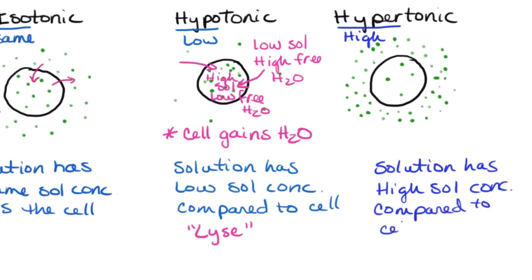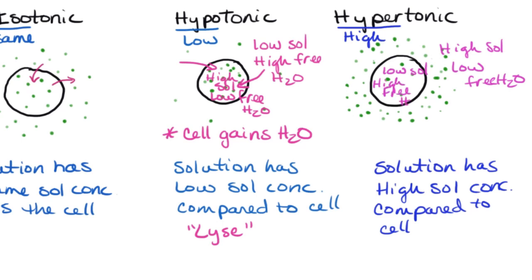This is important because, again, this is going to affect the free water concentration in the two compartments. If outside we have high solute, then we expect that we're going to have low free water, because again, this is an inverse relationship. On the inside, we have low solute, but that also means that we have high free water.